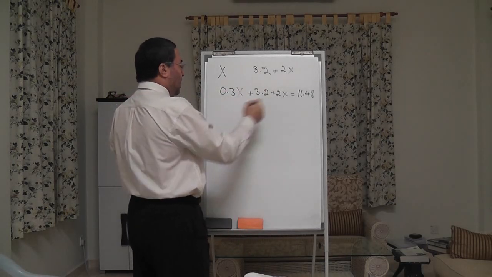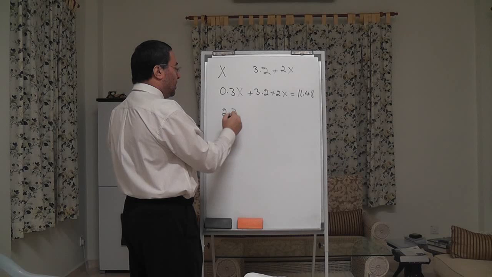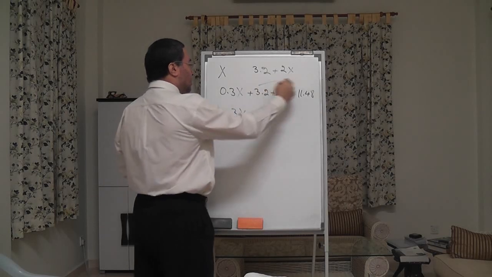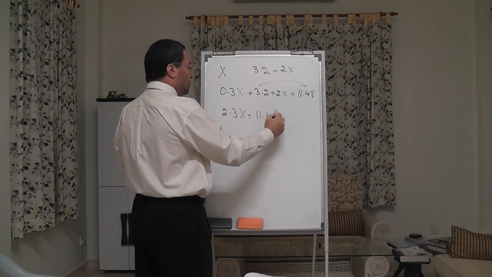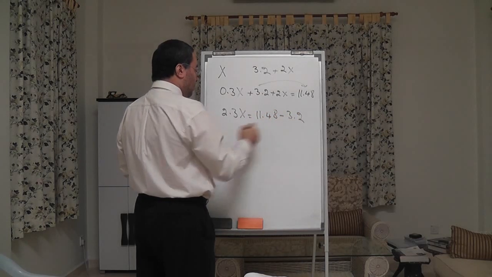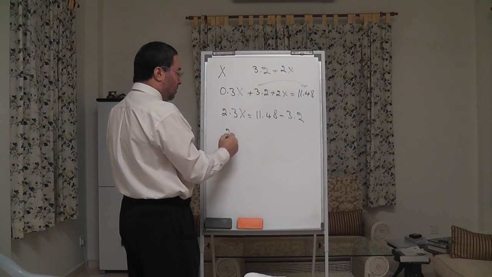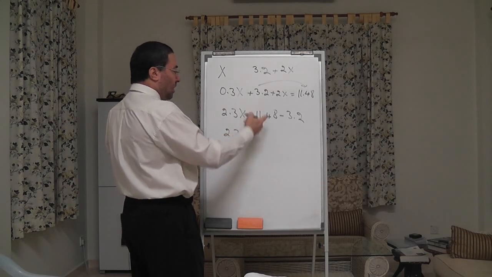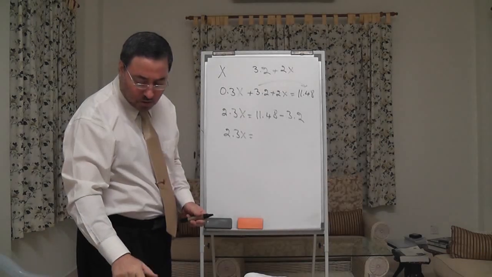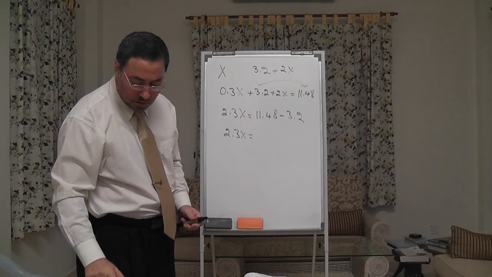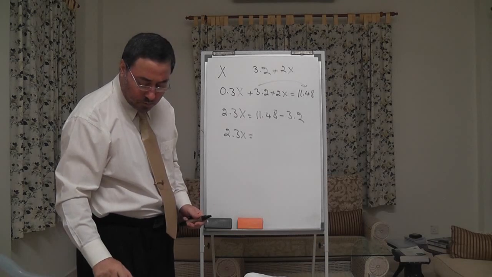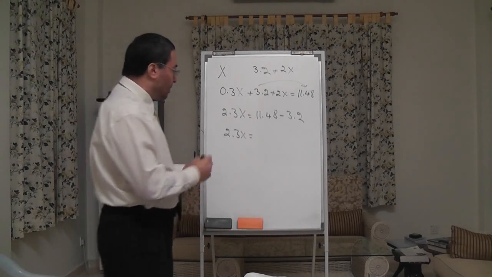Here we can add the x's, 2.3x, and take this to the other side and change the sign. Again, we do this on the calculator, 11.48 minus 3.2, 8.28.